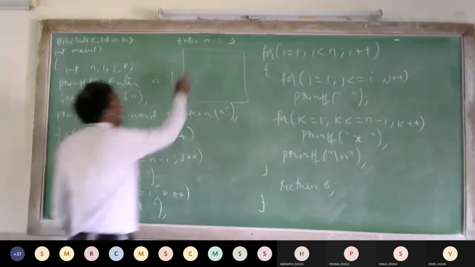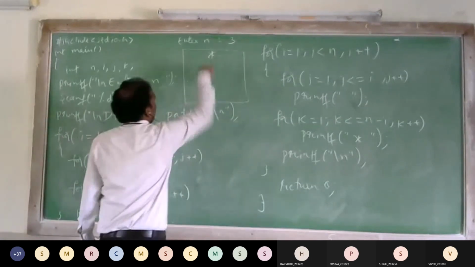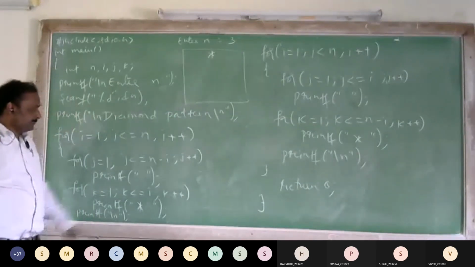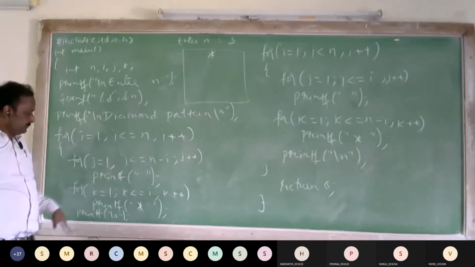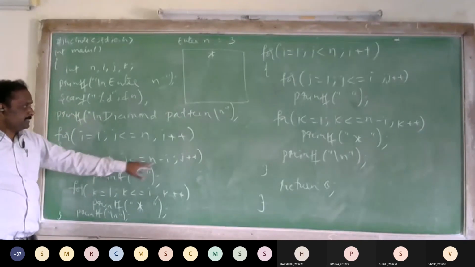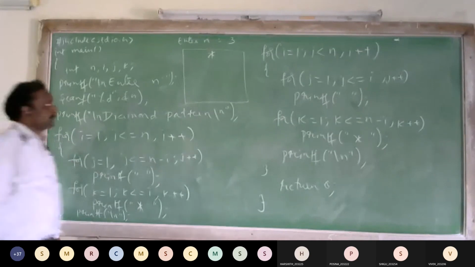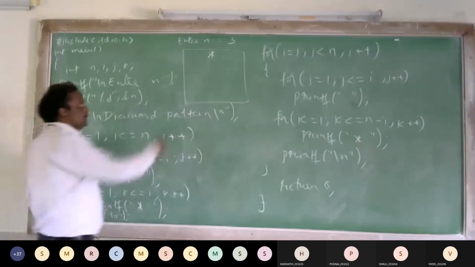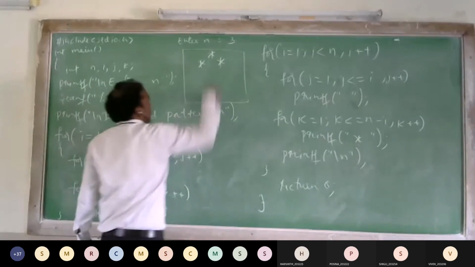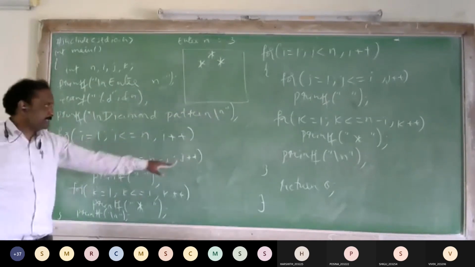How many stars? 1 star. So, 1, 2, I am printing a star here. Next, i plus plus. Next, how many spaces? 3 minus 2 is 1 space. How many stars? i is equal to 2, 2 stars. 2 stars are printed. i plus plus.